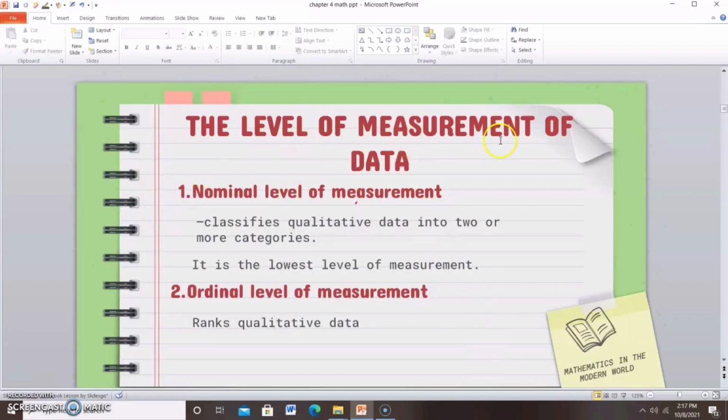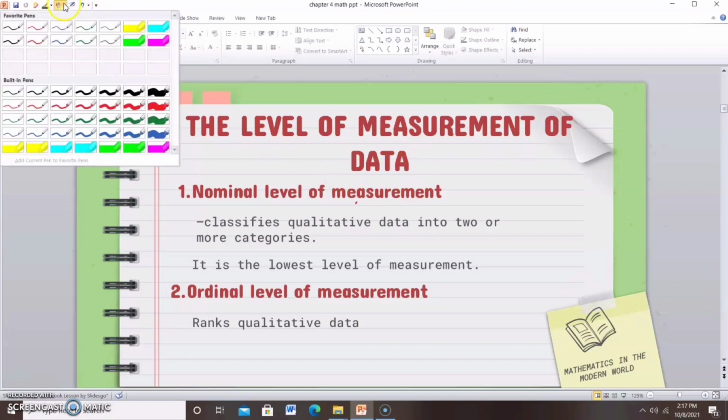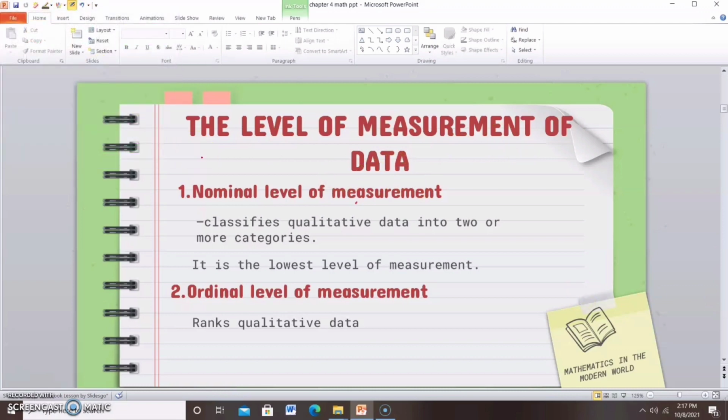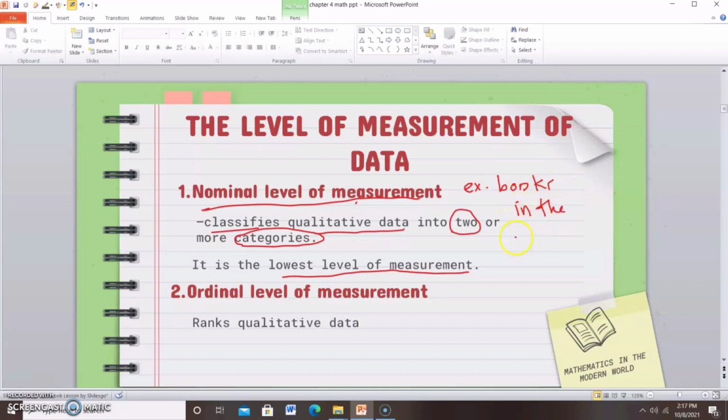Next is the level of measurement of data. First is the nominal level of measurement. It classifies qualitative data into two or more categories. This is the lowest level of measurement. Examples are the books in the library or the courses in college.